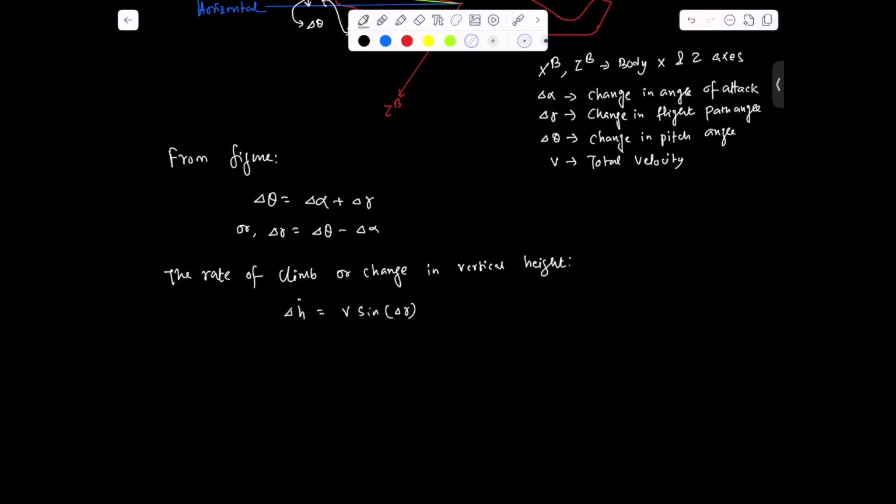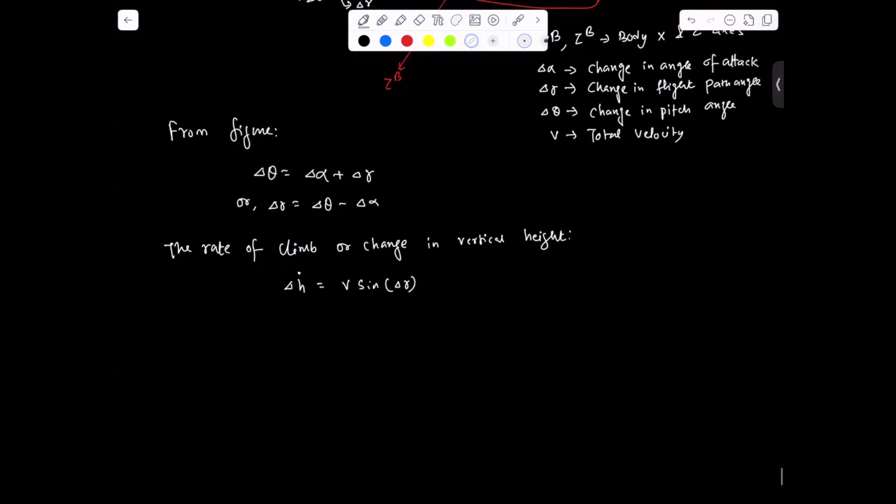So del H is basically the change in vertical height of the aircraft, and we can also write this expression as V sine, and in place of del gamma we can write del theta minus del alpha.